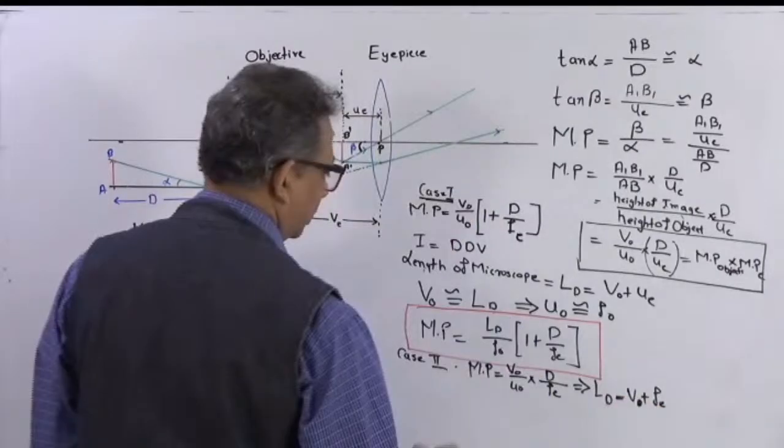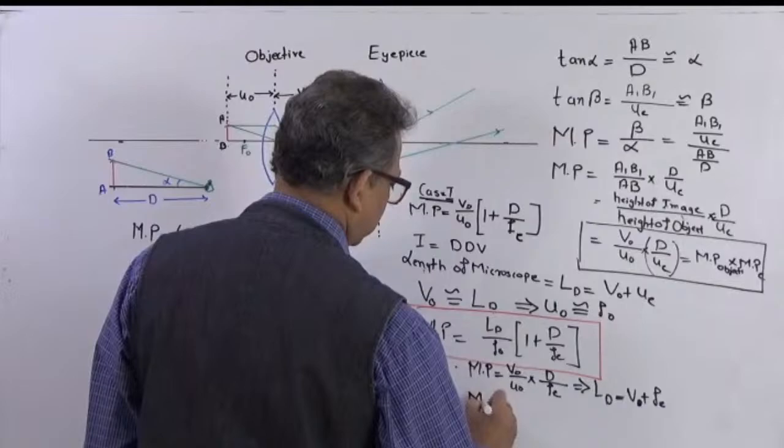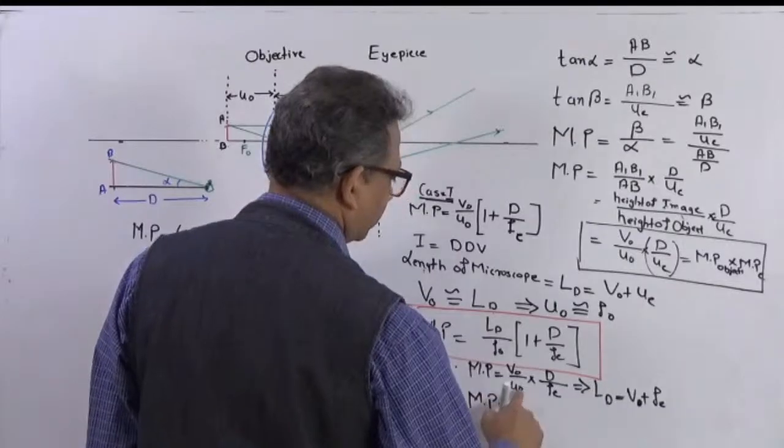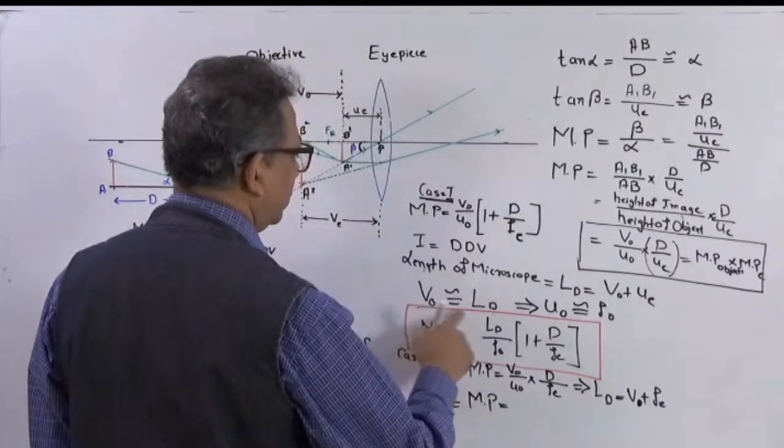So we can write MP is equal to V0, and as I have said, V0 is almost equal to LD.